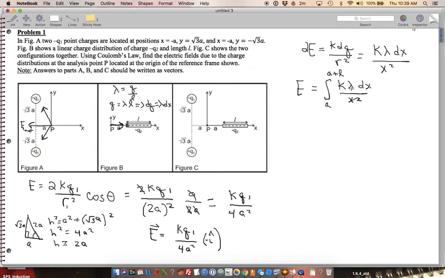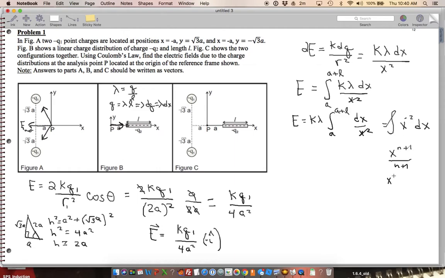Now looking at this, K and lambda are constant, so I can pull them out of the integral. And I just have the integral from A to A plus L of dx over x squared. That's the same as the integral of x to the minus 2 dx. So I can use the formula that the answer to that is x to the n plus 1 over n plus 1.